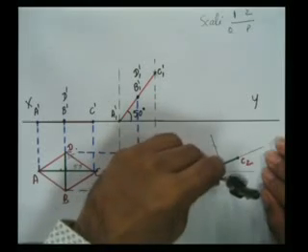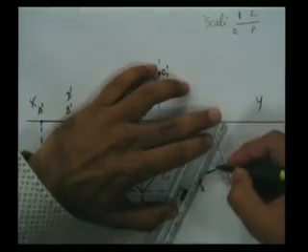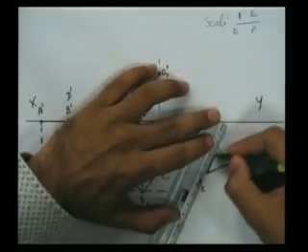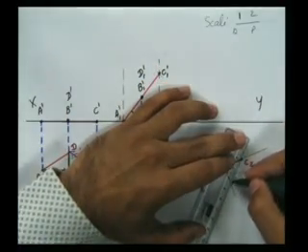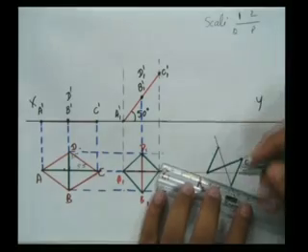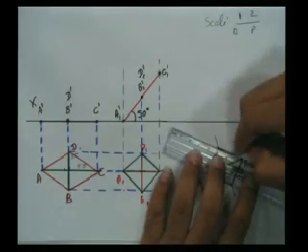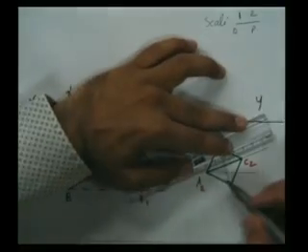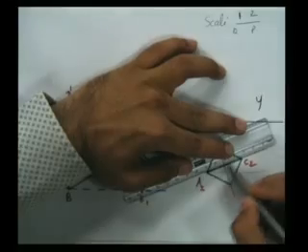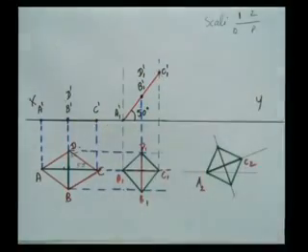And this line will also be equal, so cutting an arc on both the sides. I'll have my square, and the two diagonals A2C2 and B2D2.